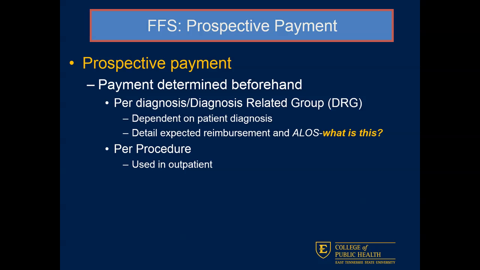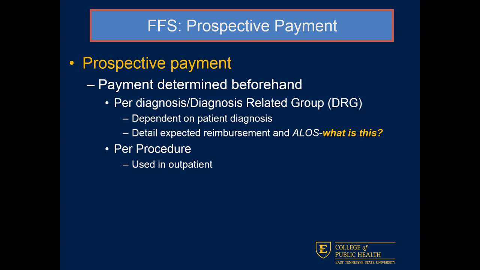Her case manager that's assigned to her when she's first admitted into the hospital is going to look up her DRG for her heart disease and see that her DRG is $10,000, or 5 days of ALOS. So this means Mrs. Smith can either stay 5 days, or she can stay up till her bill costs $10,000 because the hospital is either going to be reimbursed for the 5 days of her treatment or the $10,000, whichever comes first.